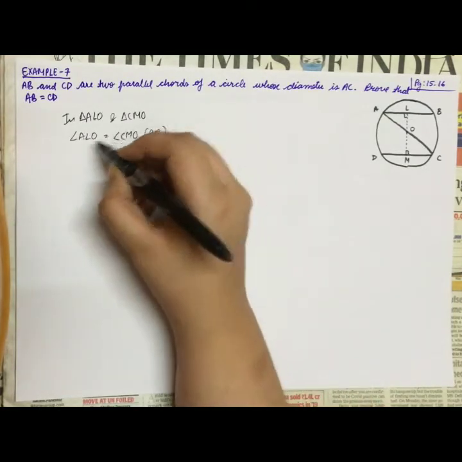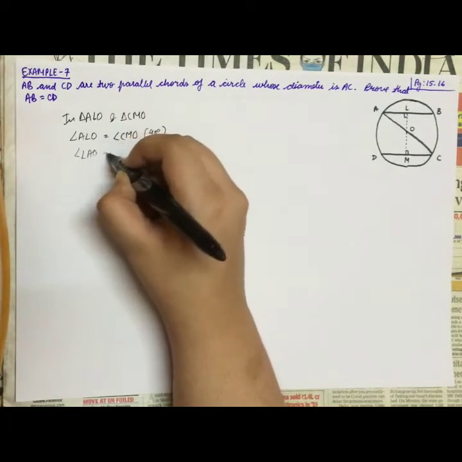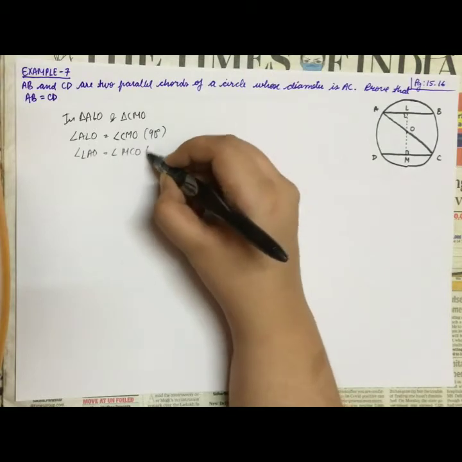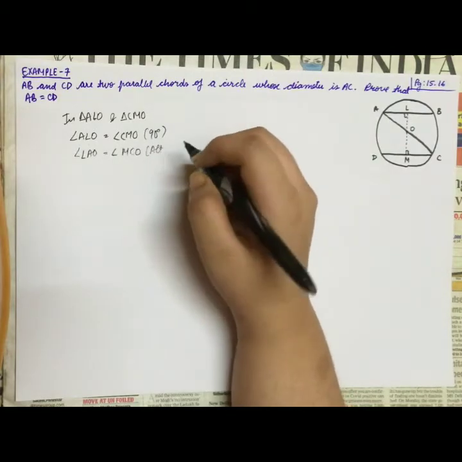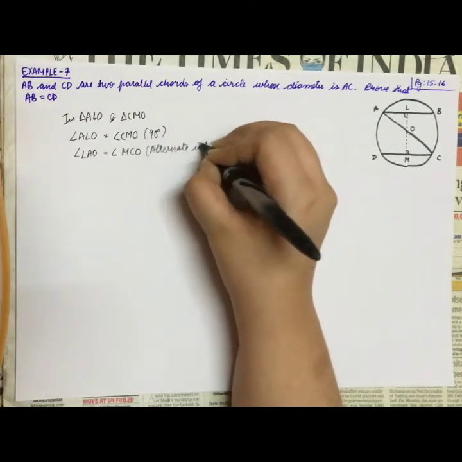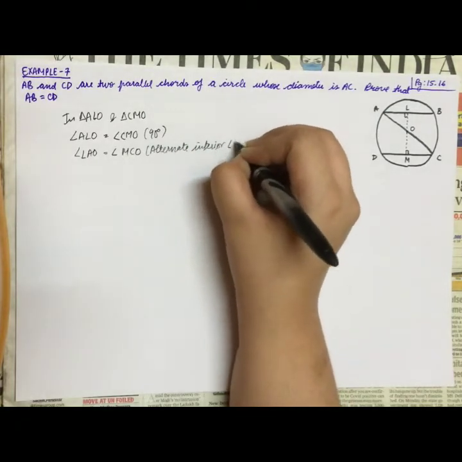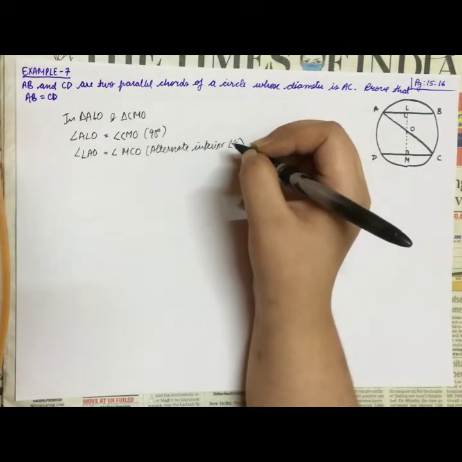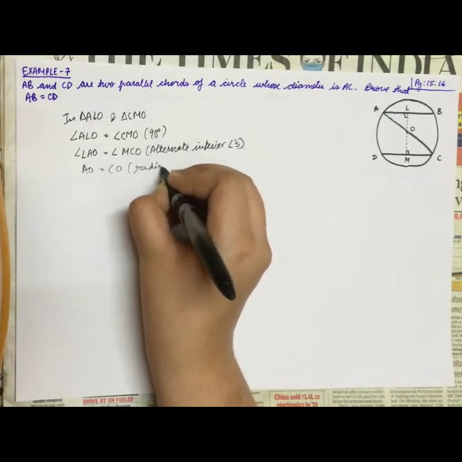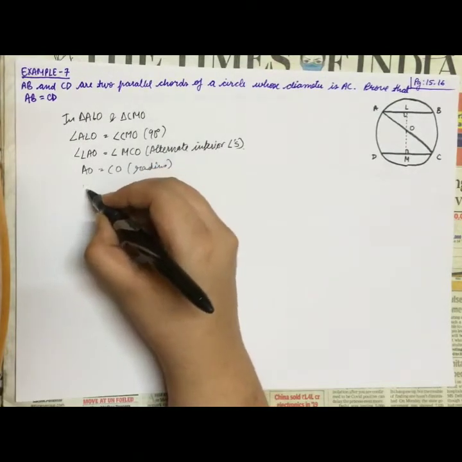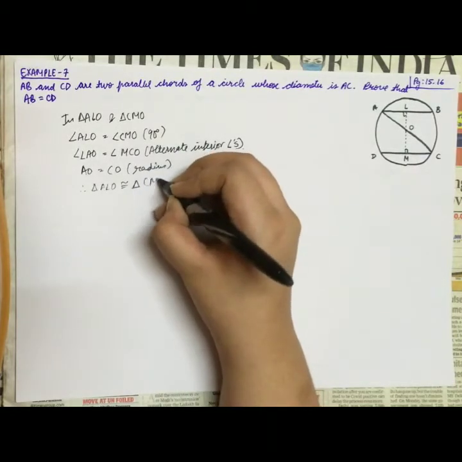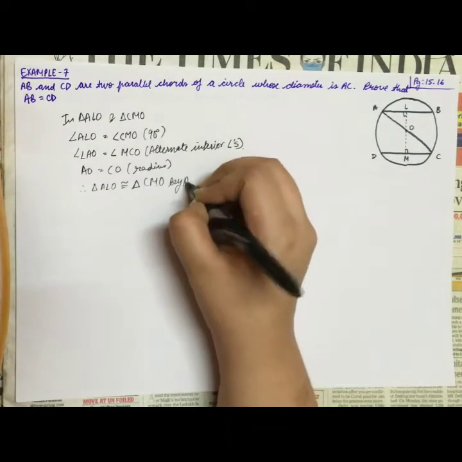Now angle LAO is equal to angle MCO, as they both are alternate interior angles, since AB is parallel to CD. Now AO is equal to CO, since they both are the radius of the circle. Therefore we can say that triangle ALO is congruent to triangle CMO by AAS rule.